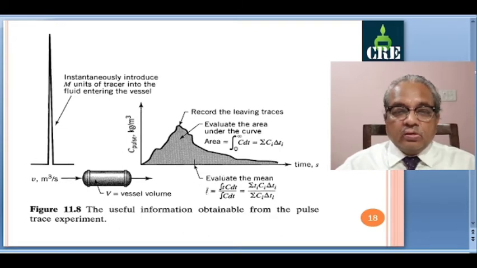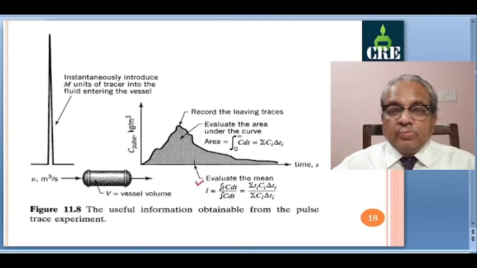The mean residence time t bar can be determined by integral t C dt by integral C dt. So we are averaging with respect to concentration. That is equivalent to sigma ti Ci delta ti by sigma Ci delta ti.